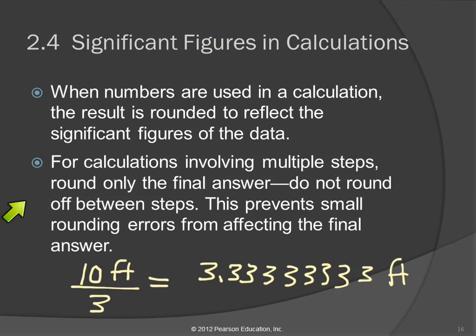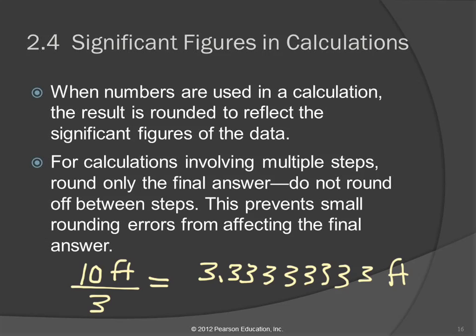Sometimes we have calculations with multiple steps. You have to add these two things together, and then you need to divide something, and then you need to multiply something else. And we do not want to round after each step, because when you round multiple times, you can introduce error.